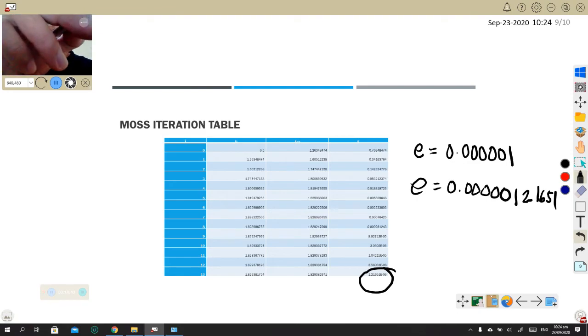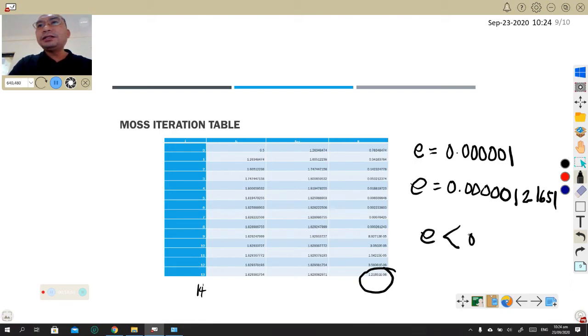So we may add iteration number 14 and check if the error should be less than 0.000001. You stop only when the error is less than the required error for the equation.